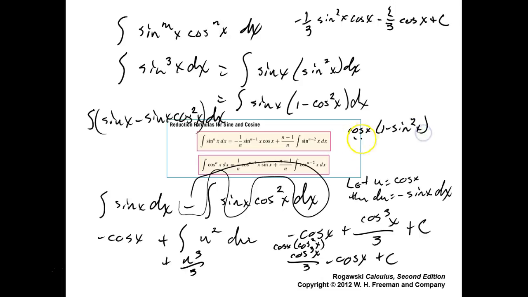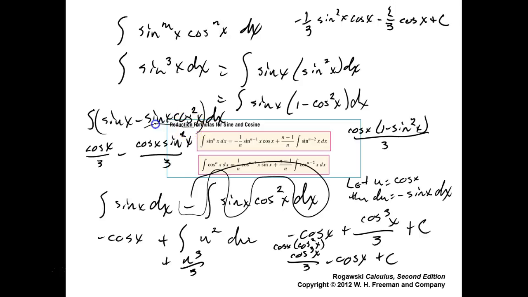Okay, and that's all over 3, right? Now, split that up, and you get cosine x over 3 minus cosine x sine squared x over 3, right?